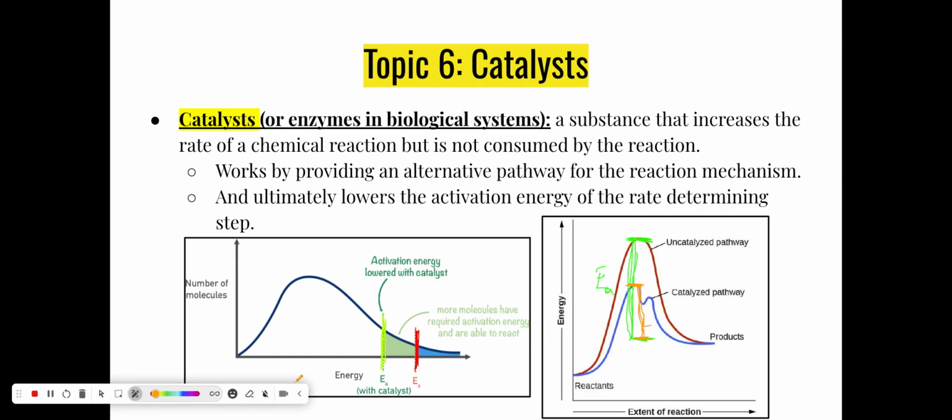So if we were thinking back to collision theory, right? Collision theory had, if we increase the temperature, a chemical reaction could happen at a faster rate. If we increase the concentration of the reactants, the chemical reaction can occur at a faster rate. If we increase the gas pressure for gaseous reactants, the chemical reaction would occur at a faster rate.